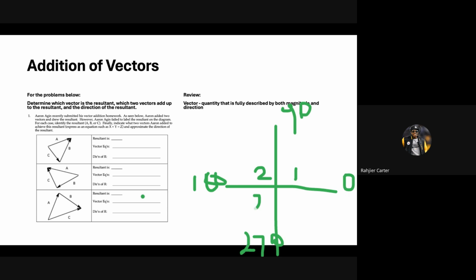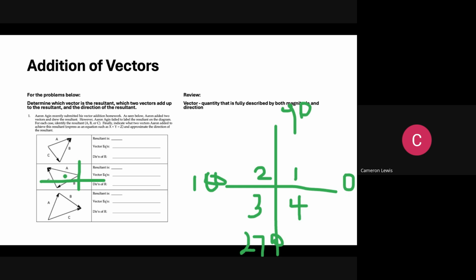Northwest. So it's between what two numbers? 90 and 180. Give me an estimate of where you think that's at. I say 170. Okay, that's fine. At least you got me to northwest. I can work with that.